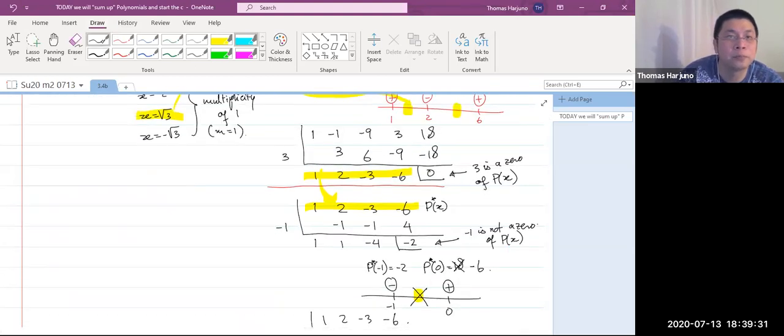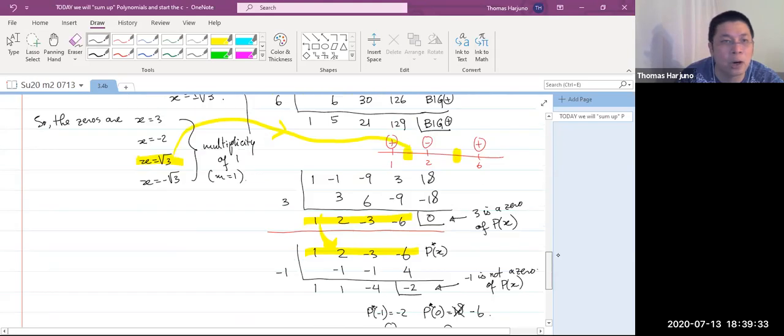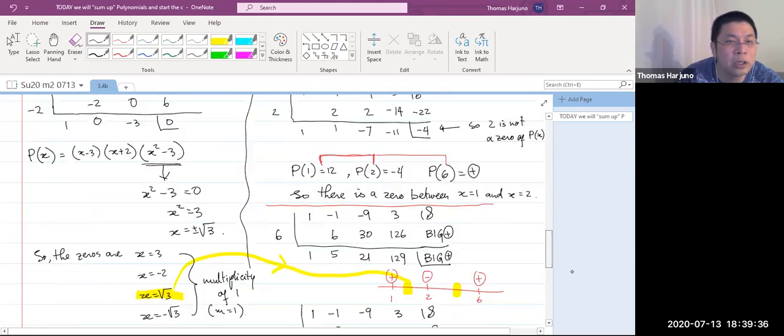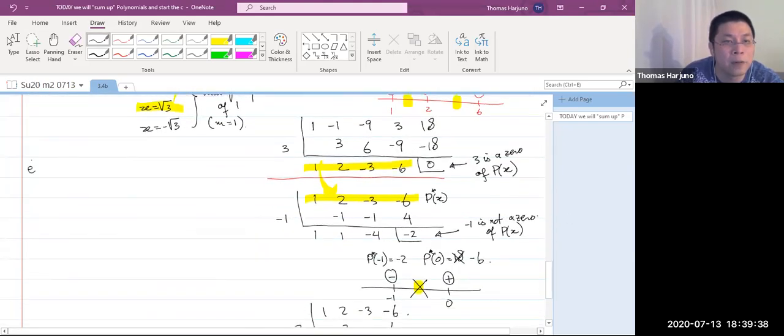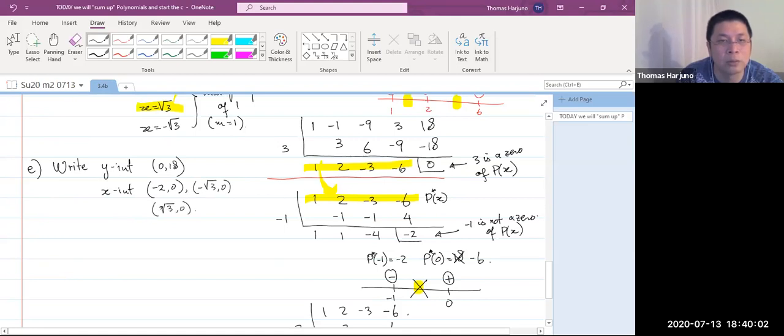For example, part E: find and write down the x and the y intercepts. The y-intercept, we have done that earlier. That's 0, 18. The x-intercepts are negative 2, comma 0, negative radical 3, comma 0, radical 3, comma 0, and 3, comma 0.